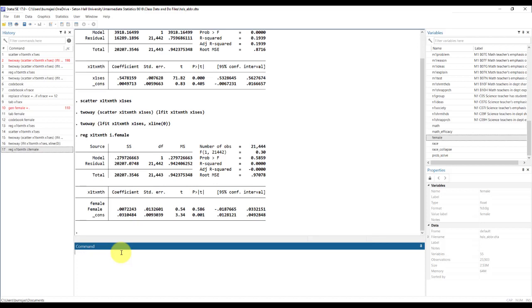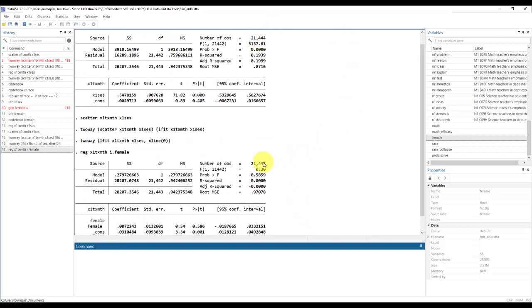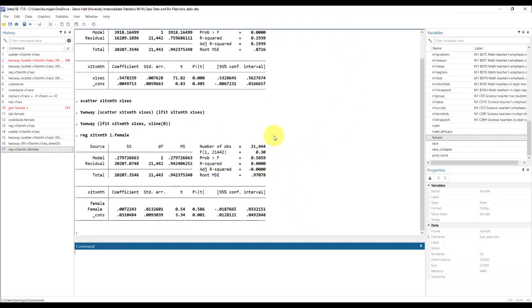So what we have here is the output, and as you can see, it looks the same. Same number of observations used in the outcome, same number of observations used to run this particular regression. But if we look down here, this is not a great model because it's not explaining much variation in the outcome.